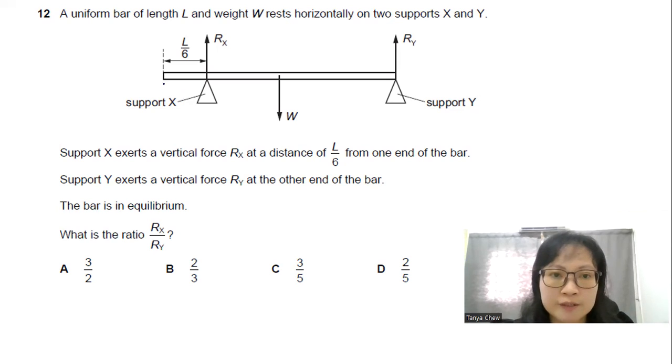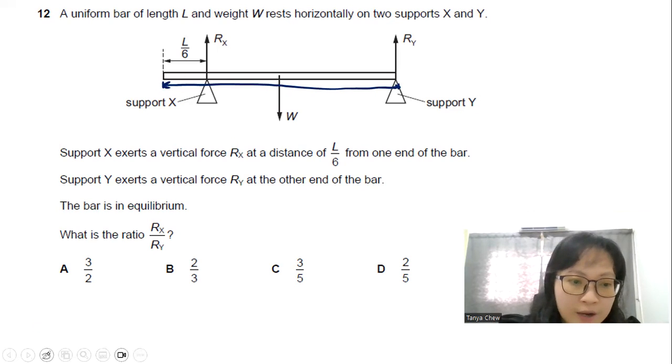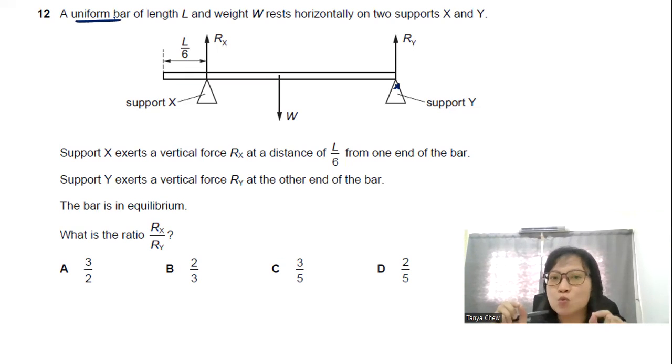First, this is the uniform bar, so the total length is L. Since this is a uniform bar, the weight must be acting at the center of geometry of the bar.